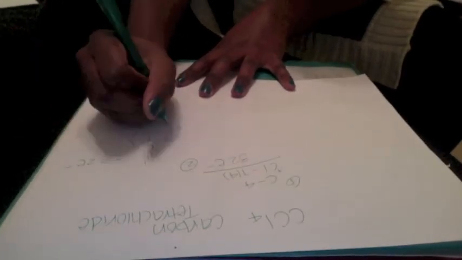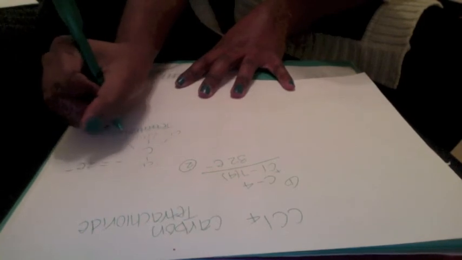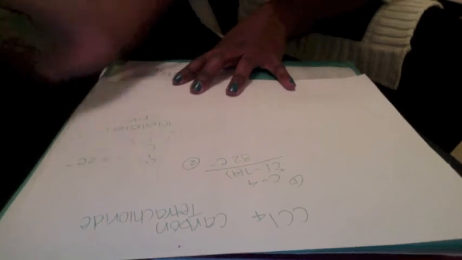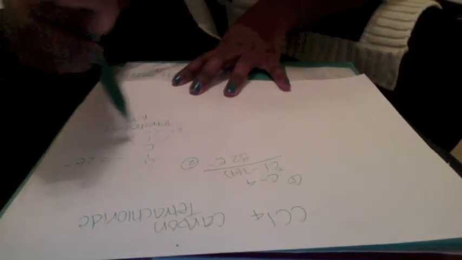Now this forms a tetrahedral, and it's nonpolar because all the outside elements are equal or the same.